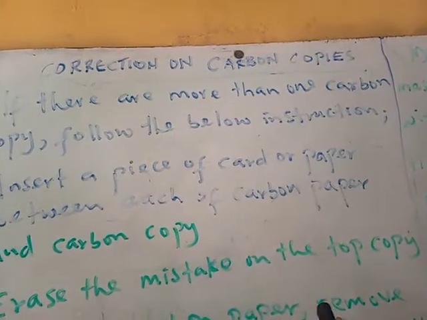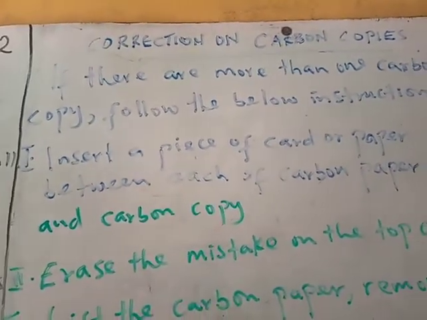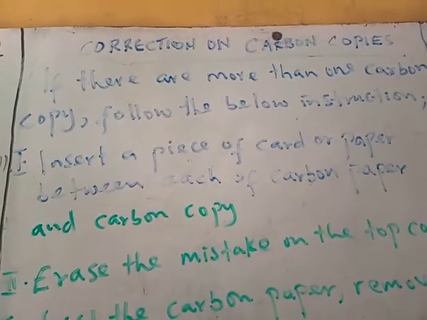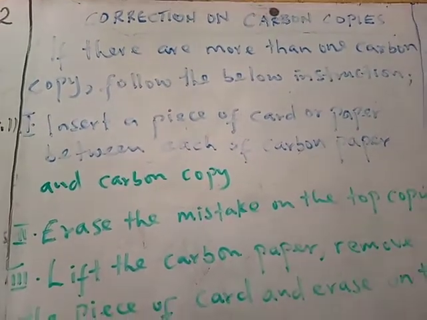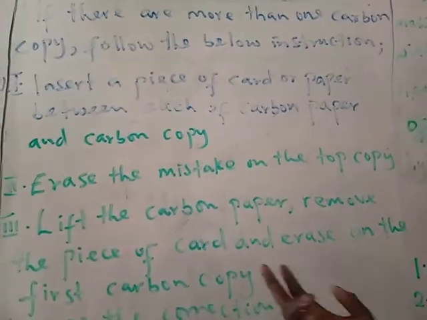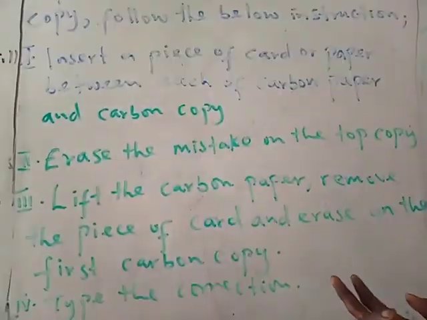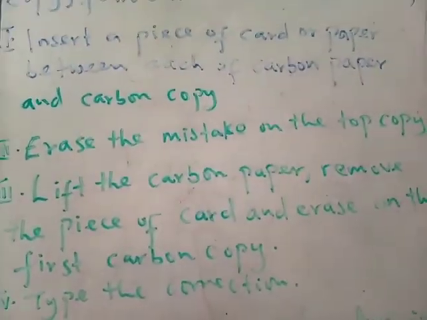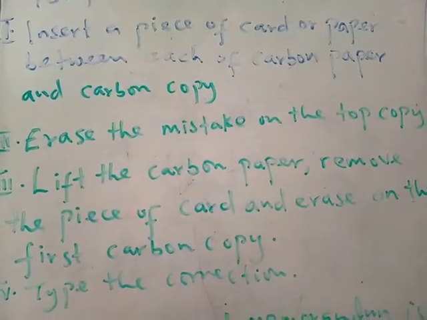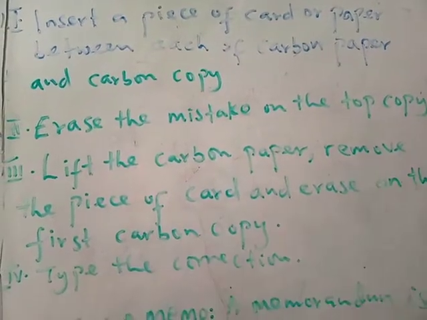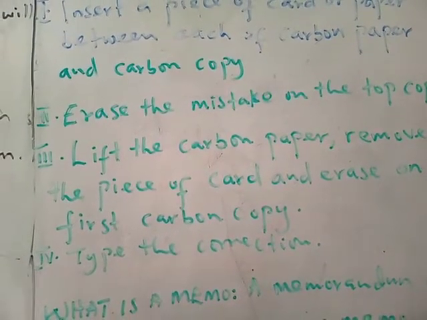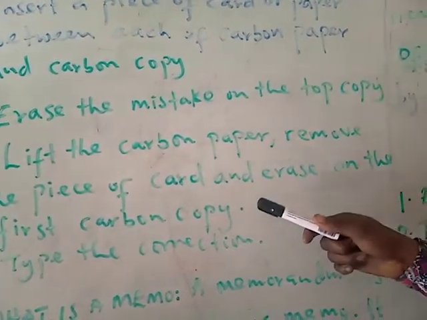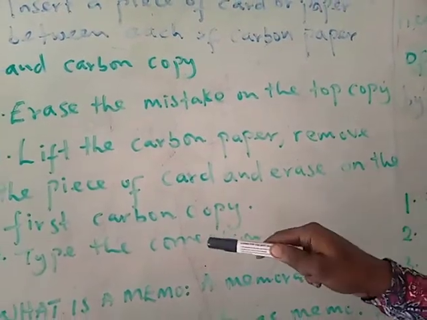2, you erase the mistake on the top copy, just like we have in the first illustration. Then 3, you lift the carbon paper, remove the piece of card, like we have also in the first illustration, and erase. This time you erase on the first carbon copy. So that you have erased on the top copy, the third step you now erase on the first carbon copy.